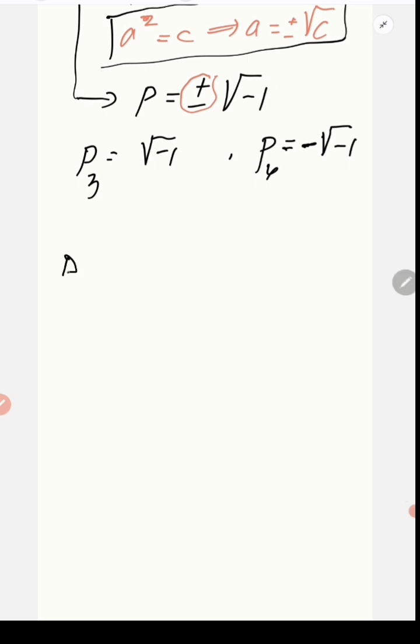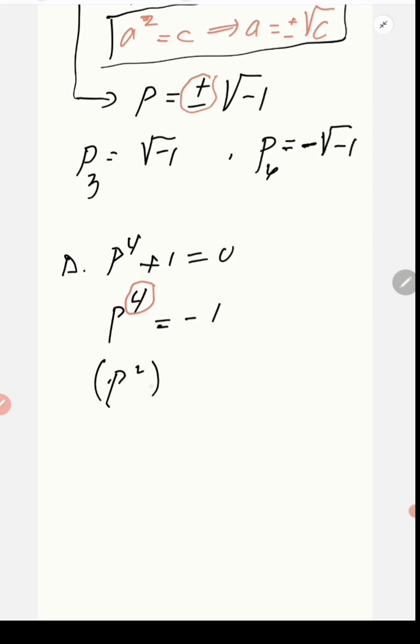For D, p to the power of 4 plus 1 equal to 0. Then p to the power of 4 is equal to minus 1. I can write this as p squared squared.